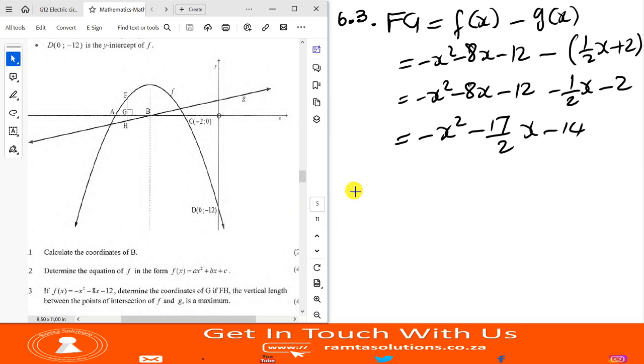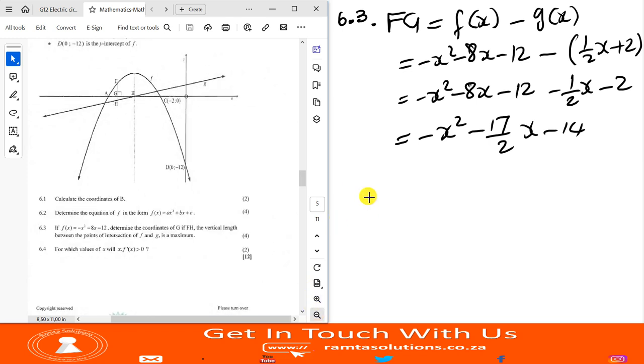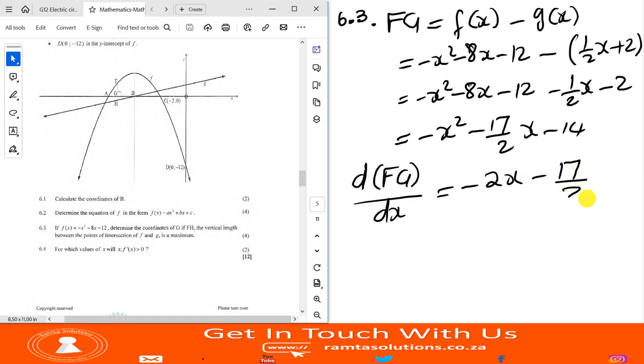So we can either complete a square, or if you don't want to, you will do this. Let me show you. It'll be d of FG over dx, because this varies with x. It is negative 2x minus 17 over 2.